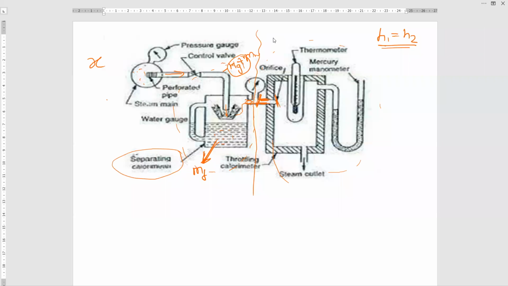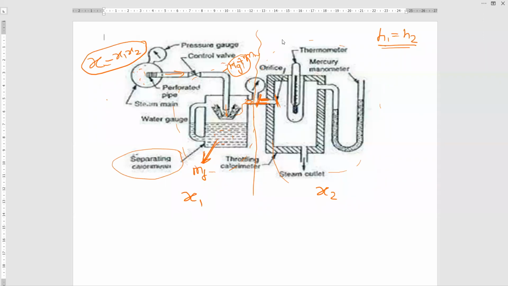In the throttling calorimeter, all the remaining moisture content will be removed. Using the separating calorimeter, I will calculate X1. Using the throttling calorimeter, we will call it X2. Once you calculate X1 and X2, we multiply them, then you get the total dryness fraction of the steam.